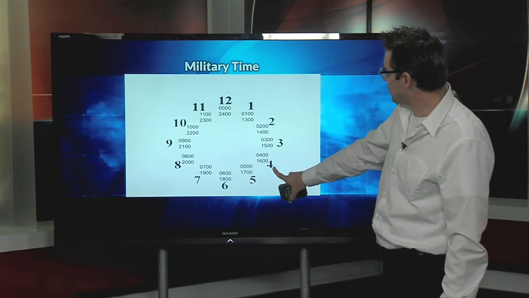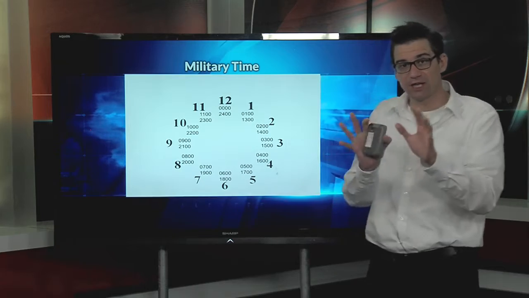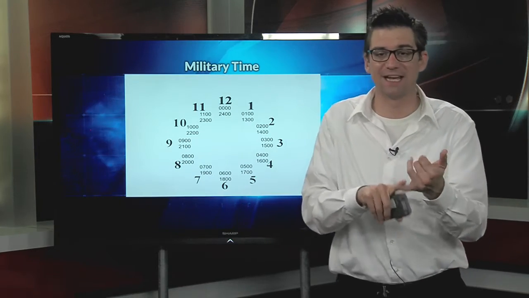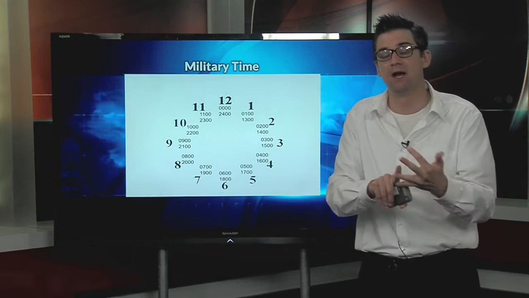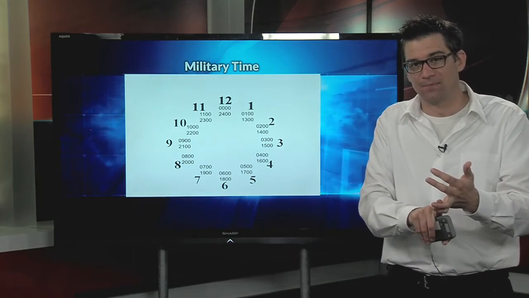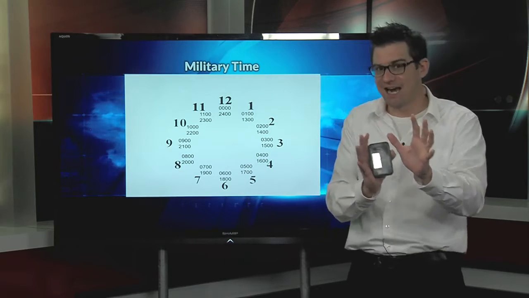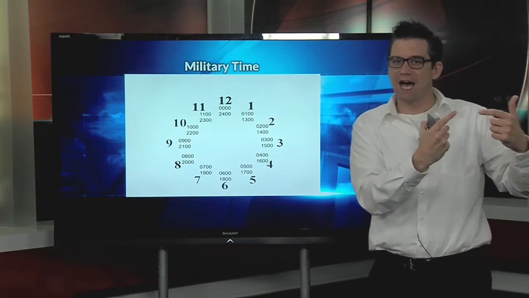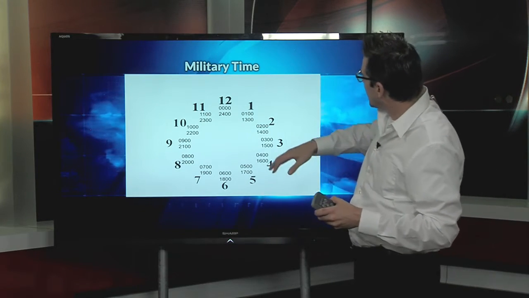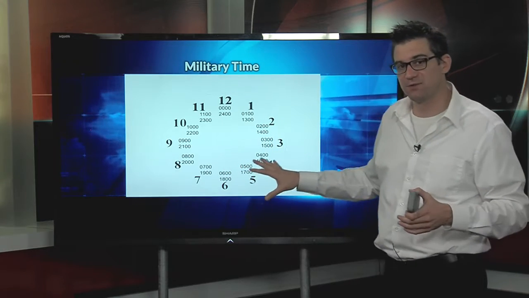So this is important to us because all of our weather data that we look at to produce the forecast is either in universal time or universal coordinated time or military time. So if you are interested in forecasting, you kind of need to know how to correlate these times, all right? So military time is something that we use when it comes to weather forecasting.